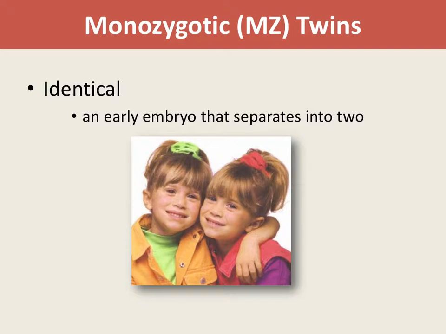But there was only originally one embryo, in other words, one zygote. So those 2 individuals have inherited exactly the same genes as the other. And that's often why they look very similar and act very similar.